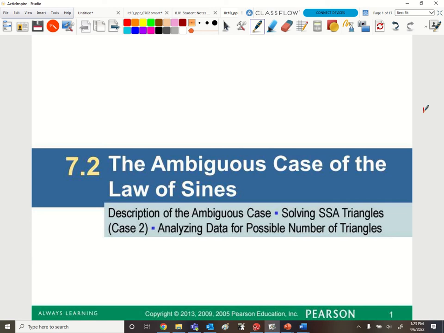And it is a special case in trigonometry. It's the ambiguous case. And if you hyphenate the word and say it with emphasis in certain parts, because you have an angle, side, side, that turns into ambiguous. What type of triangle?